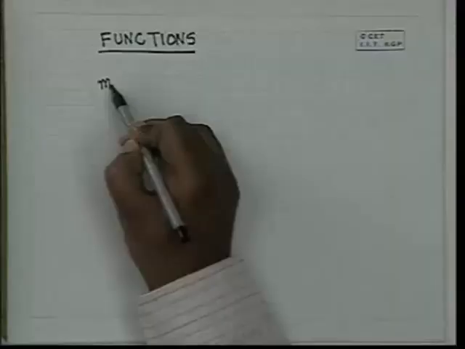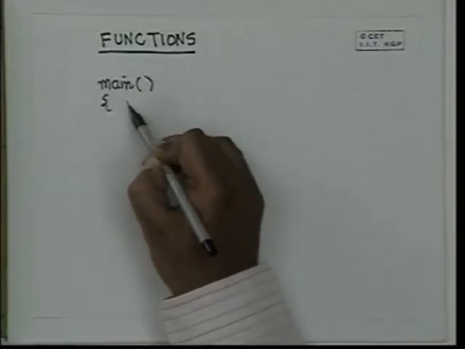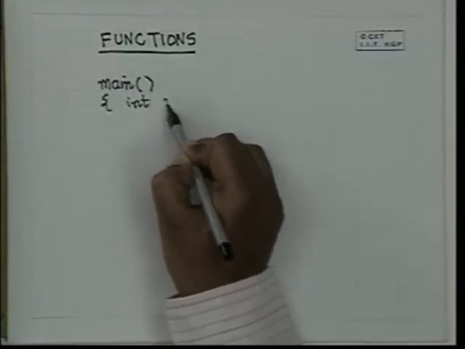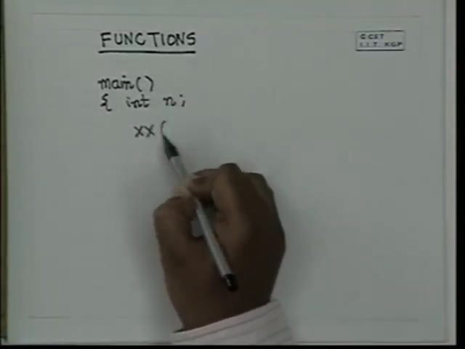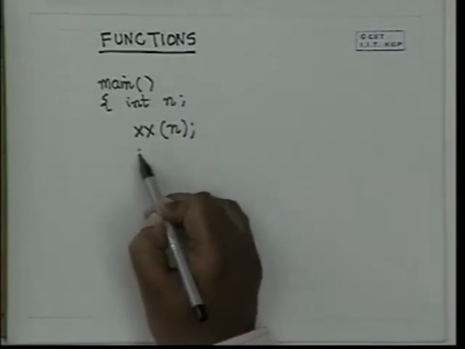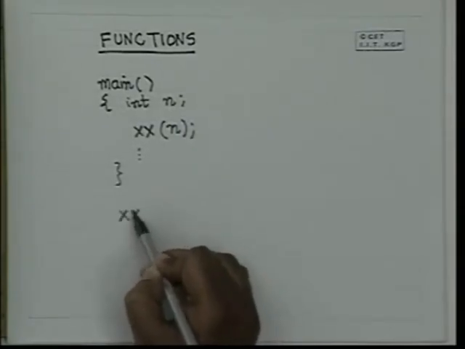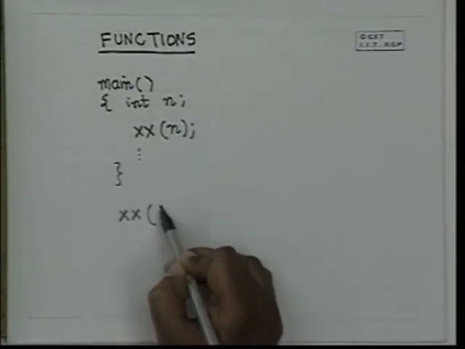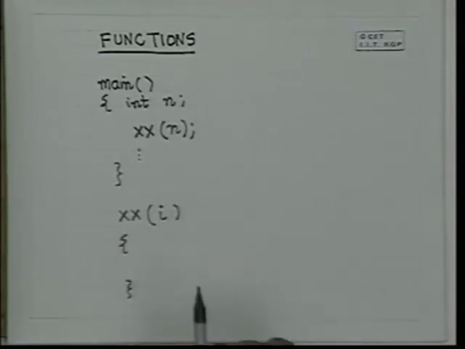So in a program, say in a C program, you will have a main program and maybe you will have an integer n, and maybe you will call a function say xx with argument n, and then do some other things and terminate, and you will declare a function xx with argument I, and then you will do something in this function.